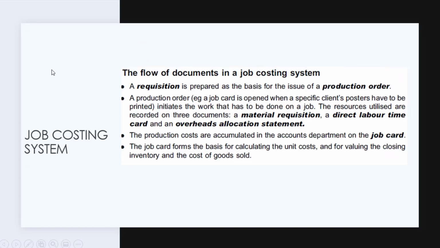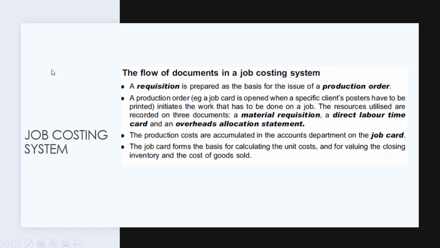So it is a bit different to what we are used to, because what we are used to is mass production, meaning you just make one form for all. But in terms of job costing, it's particular to that specific job that you will be doing. So even the documents will be different, because it will be for that special order that you're making. Okay.